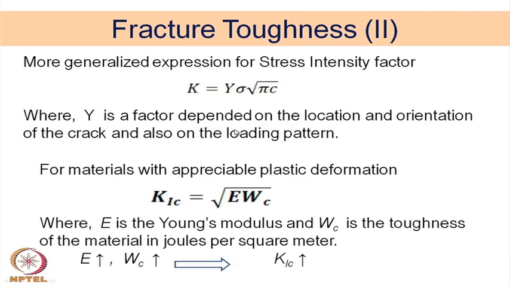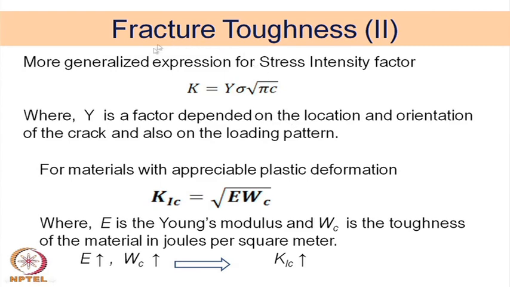So, many of the other complications have not been considered in the Griffith theory or Griffith's analysis which we have presented just now, but a more rigorous analysis includes the orientation of the crack, what kind of loading pattern, is it a point loading or distributed loading, or the location of the crack, so far as the volume of the material is concerned, and then many other variations may be there.